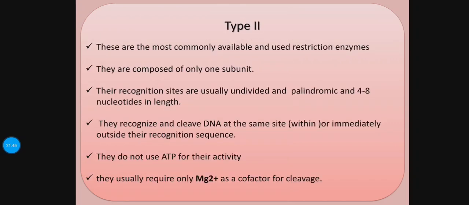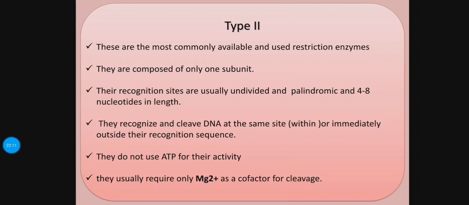Now let's move on to the second type of restriction enzyme, that is type 2. These type 2 restriction enzymes are the most commonly available and used restriction enzymes in genetic engineering. And unlike the type 1 and type 3 restriction enzymes, type 2 restriction enzymes are composed of only one subunit, that is the R subunit.